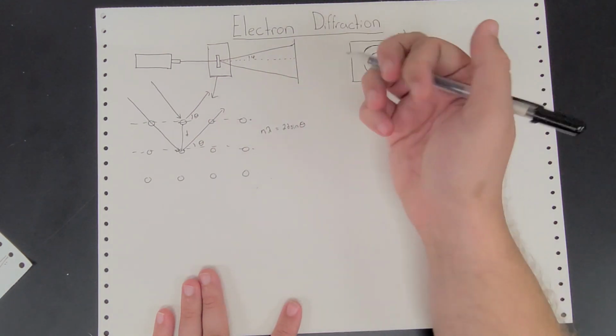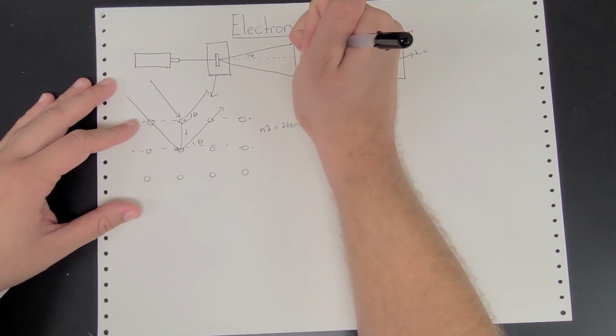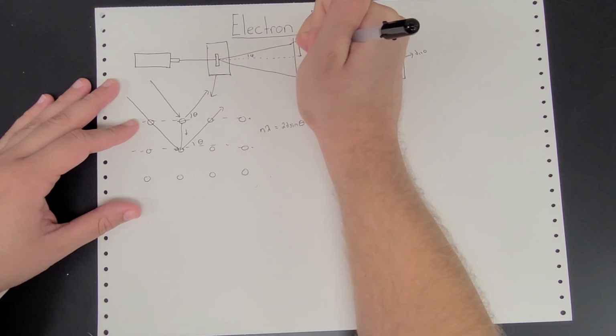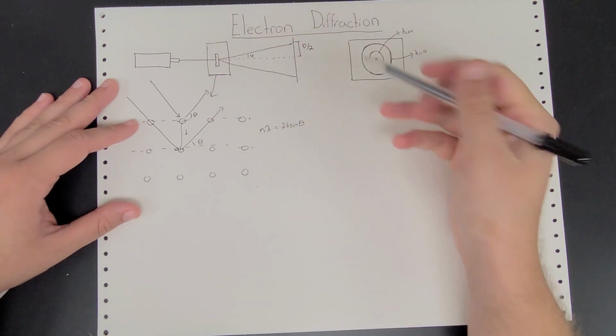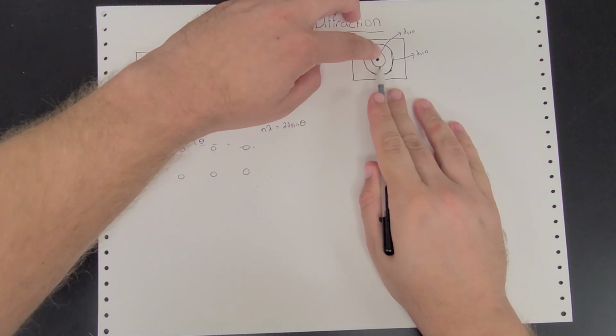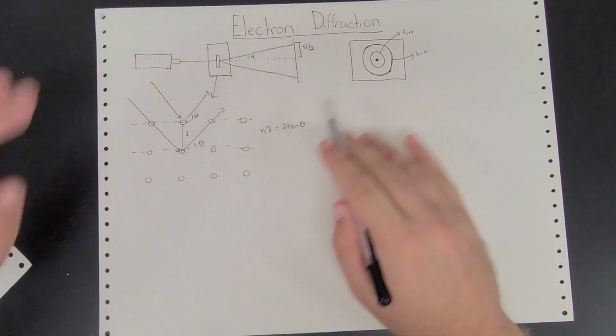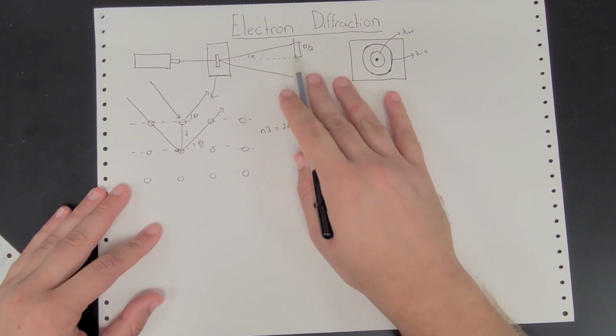This angle phi we can calculate because this distance we can measure, which is going to be half the diameter. This full thing would be the diameter of one of these concentric circles, so this little part here is half the diameter.